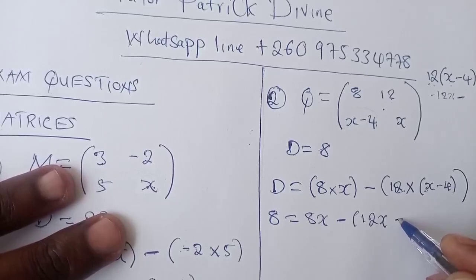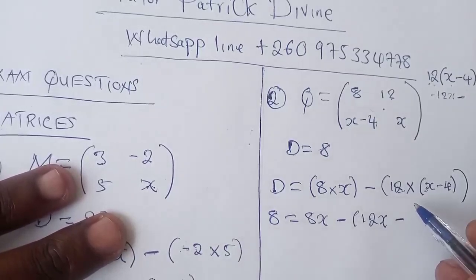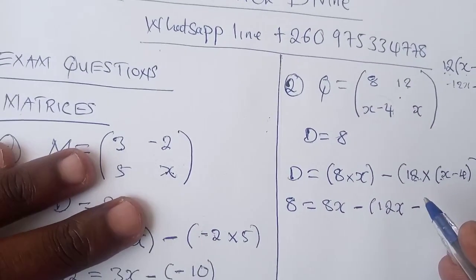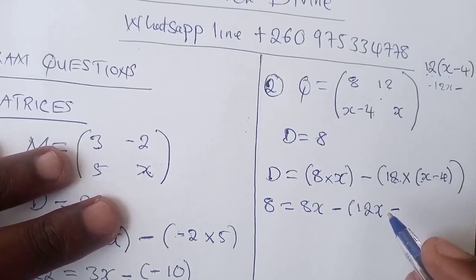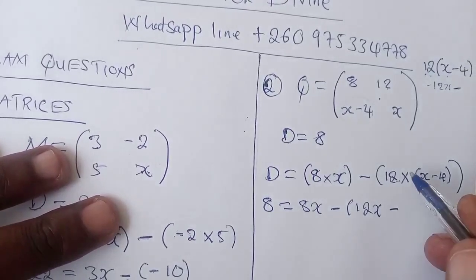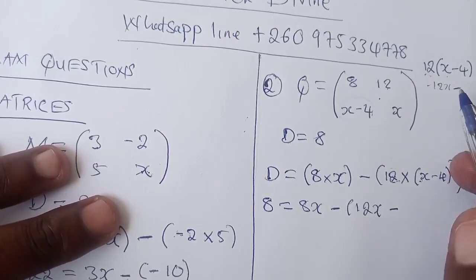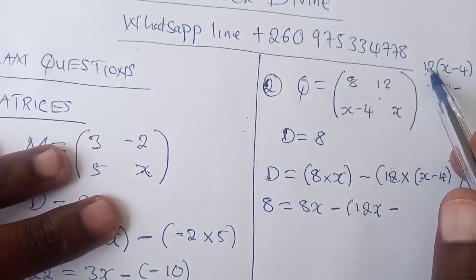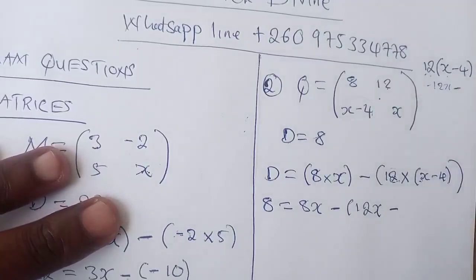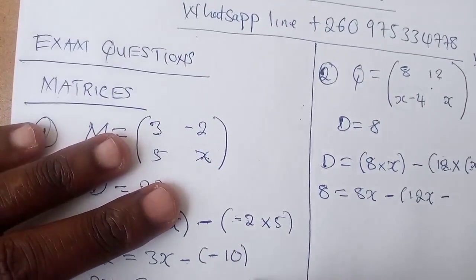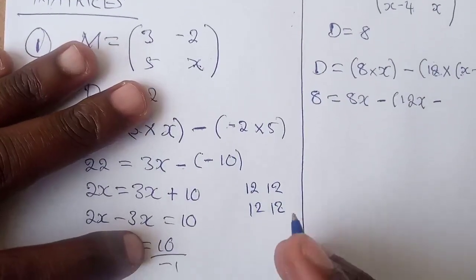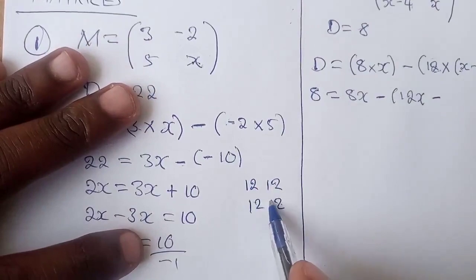I know it would have been difficult for you to find these signs, but this is how you find the signs. So 12 times 4, how do you find 12 times 4?